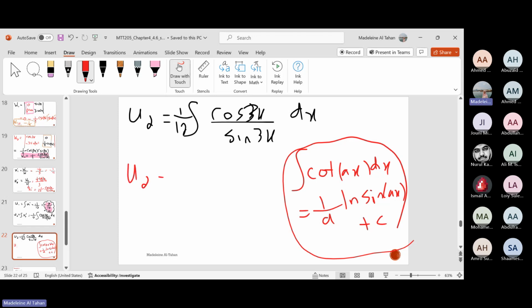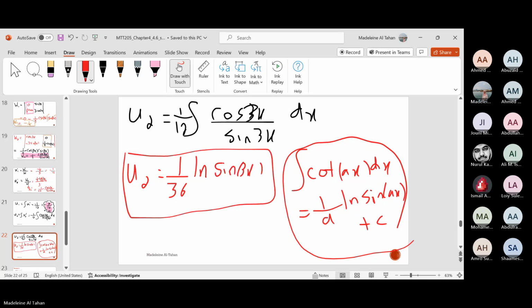So u2 will be 1/36 ln of sine 3x. Of course, we need absolute value. So here the other method is to say let u equal sine 3x. du is 3 cosine 3x dx.